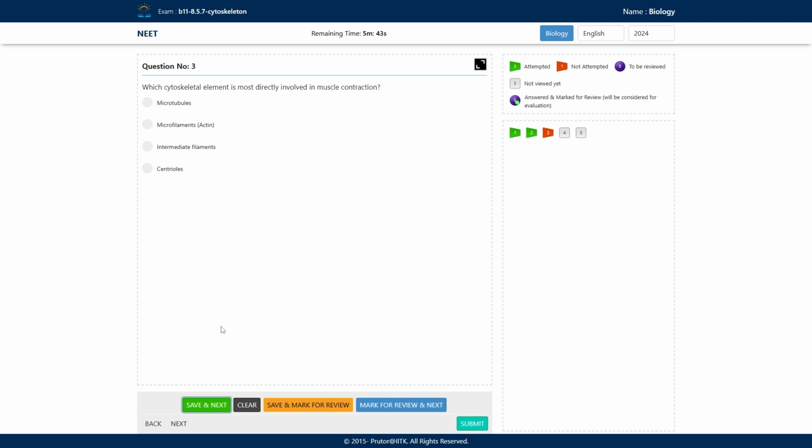Okay, the correct answer here will be microfilaments, which is option number B. So, these actin filament along with the myosin, they are involved in muscle contraction.